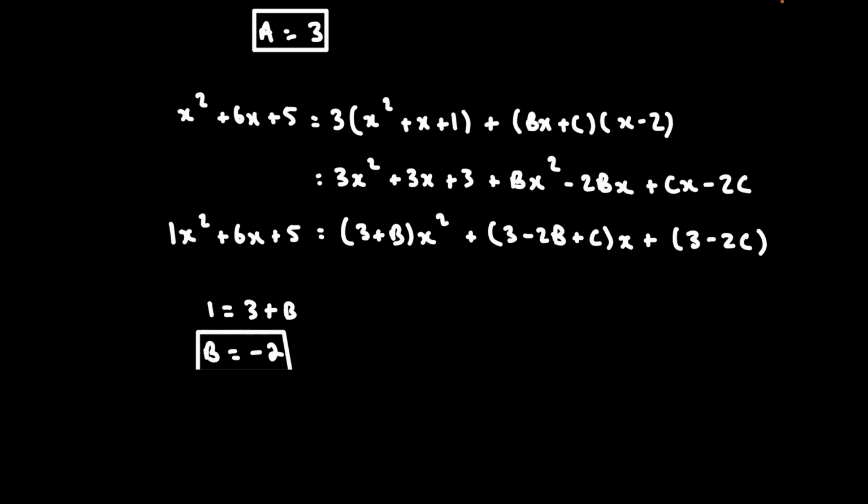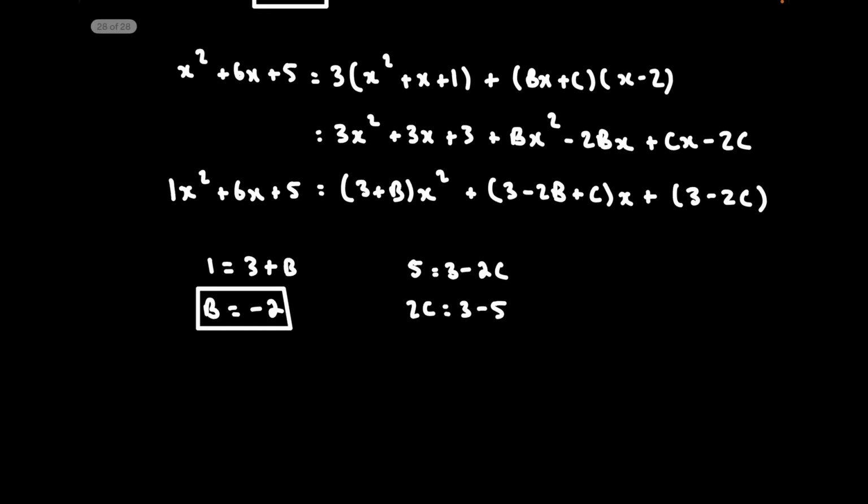And if I compare the constant, 5, I can see that 5 is simply equal to 3 take 2c. Solving for this, I get 2c is equal to 3 take 5. That would mean that c is simply equal to minus 2 divided by 2, which is equal to minus 1.